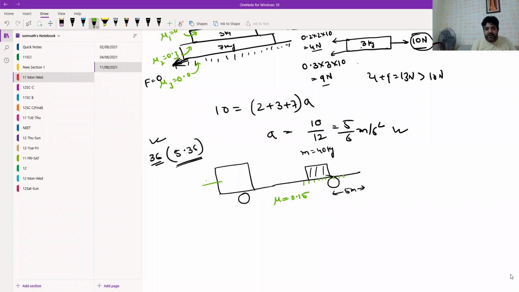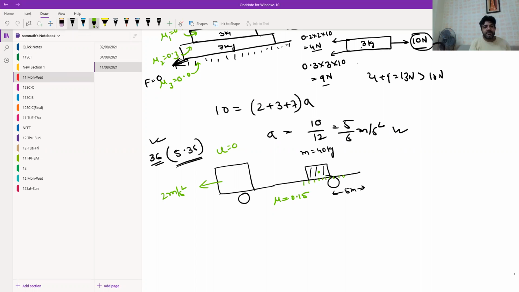This truck is moving with the acceleration 2 meter per second square and started from rest, so initial velocity is 0. At what distance from the starting point does the block fall from the truck? How much distance will the truck travel when this block falls from the truck? Clear? You understand the question?